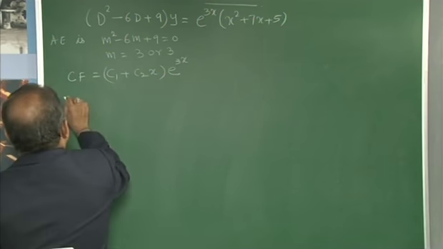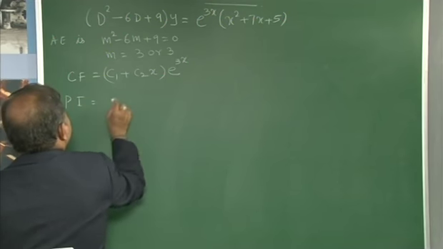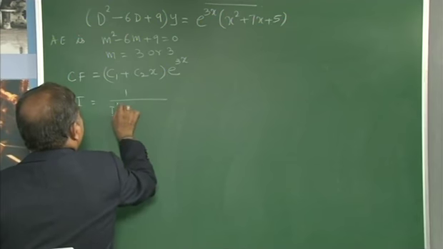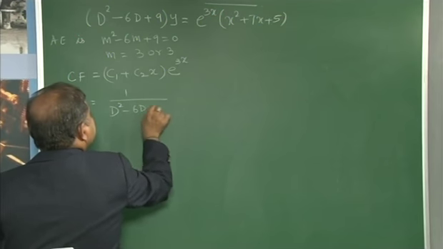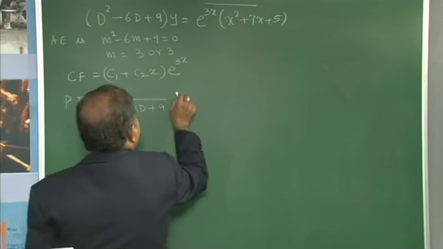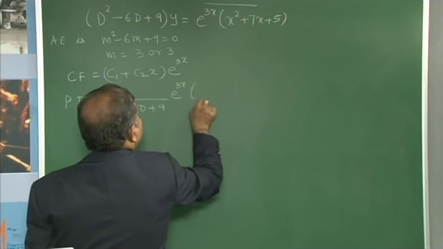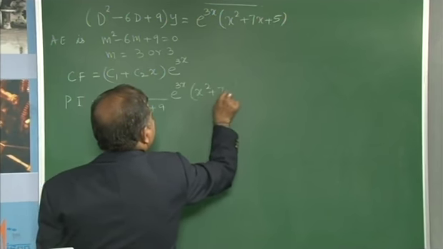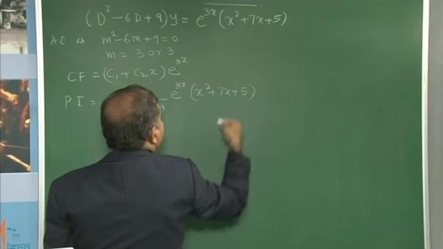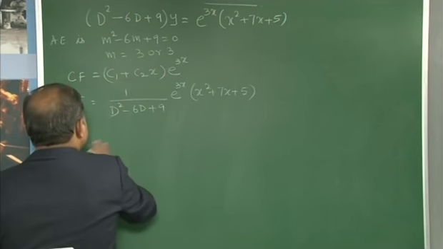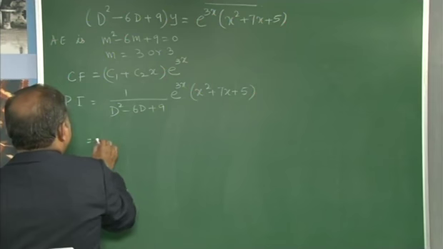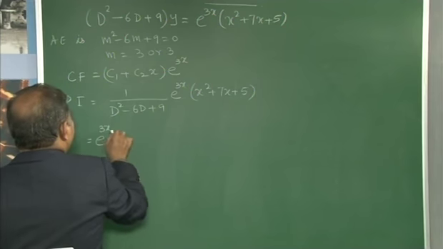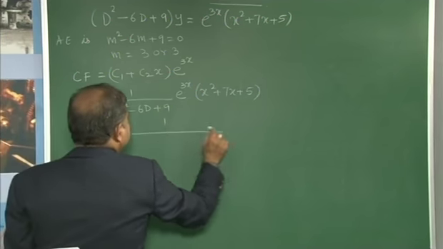Now, let us come to the particular integral. 1 by D squared minus 6D plus 9, e power 3x, times x squared plus 7x plus 5. What is the job of e power 3x again? Replace D by D plus a.